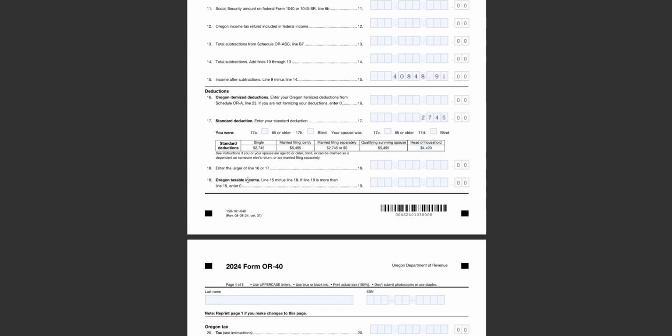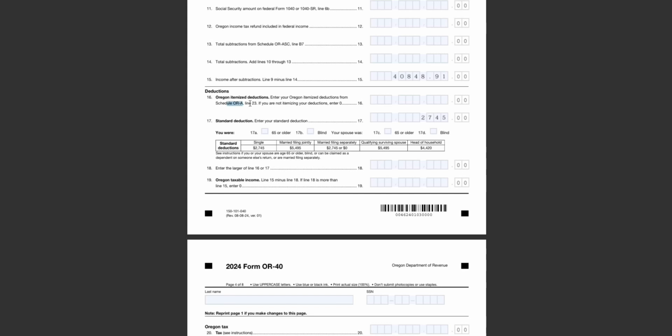All right, enter the larger of line 16 or 17. So they're giving you an option to compare your itemized to the standard. So if you can itemize your deduction and it's going to be more than the standard that they're offering you, you can go ahead and do that. This is separate from doing your federal itemized or standard deduction. This is only for Oregon.